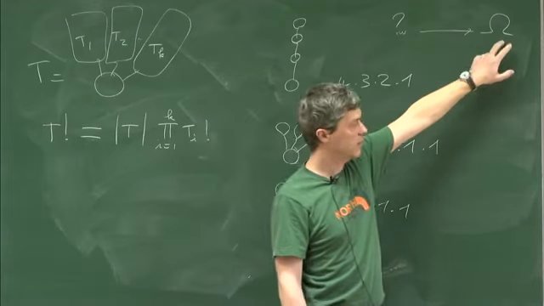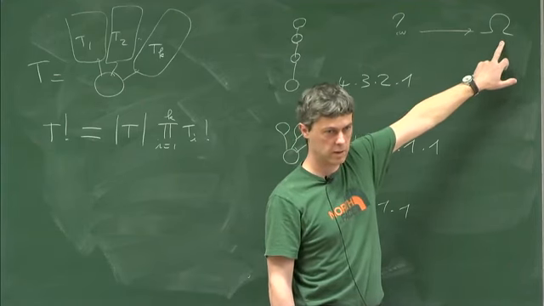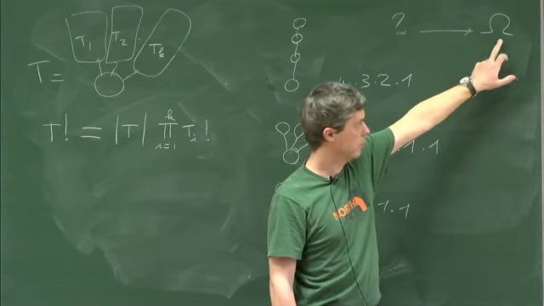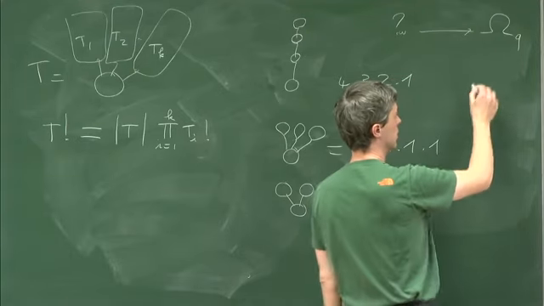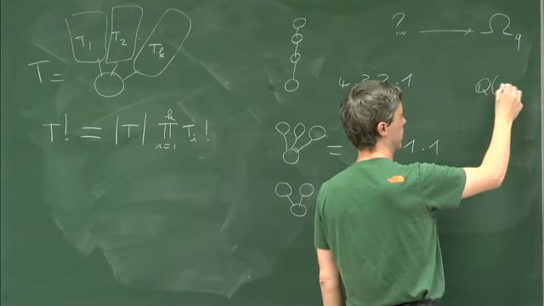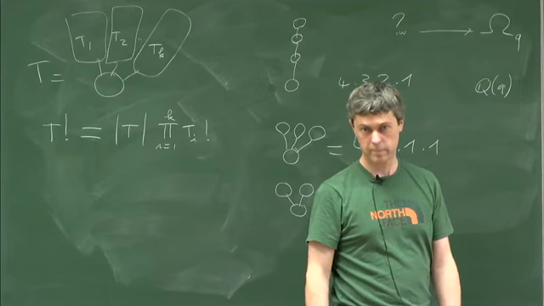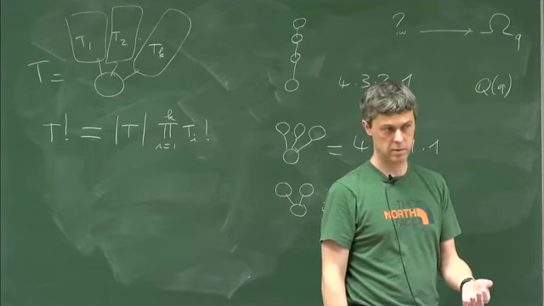And so we obtain a one-parameter family of analogs of omega. I call that omega q, and the coefficients are fractions in q, and when q equals 1, we get back omega.